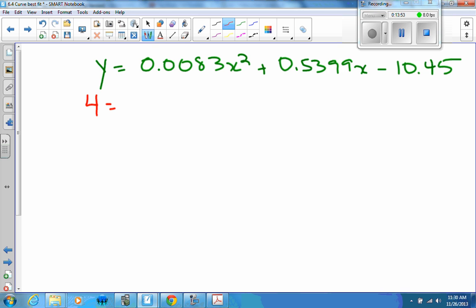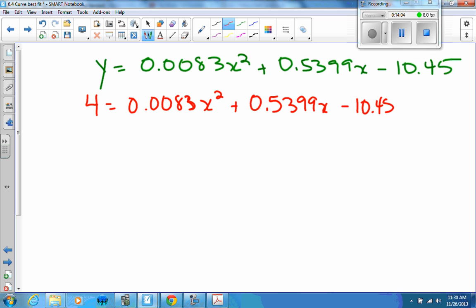So 4 equals 0.0083x squared plus 0.5399x minus 10.45. And then I just solve using algebra to solve for x, right? So I'm going to take the 10.45 over, so it'll be 4 plus 10.45 is equal to 0.0083x squared plus 0.5399x.